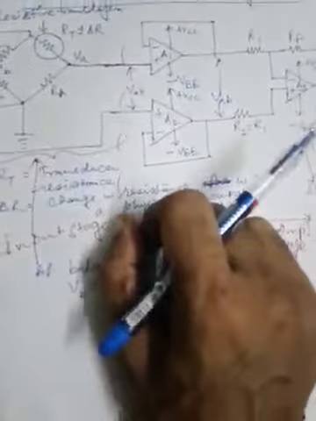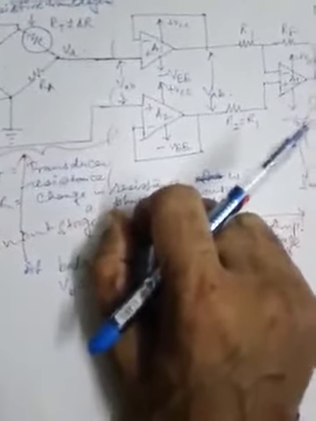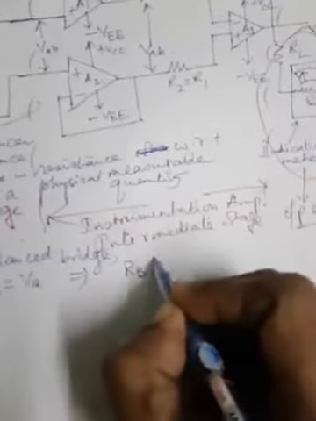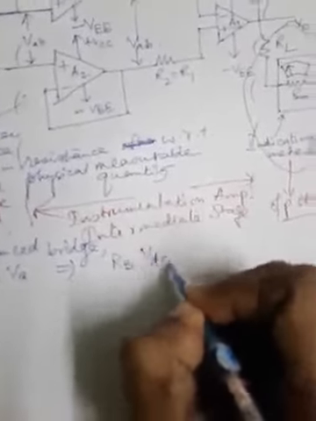Therefore, if we apply the potential divider rule between RC and RB using VDC, we can find VB. So VB equals RB into VDC divided by RB plus RC.